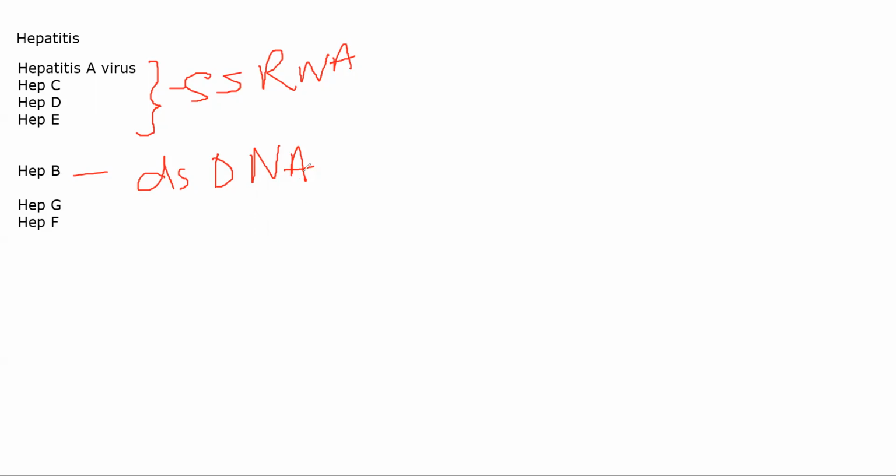Now, whenever you look at the structure of a hepatitis virus, generally speaking, at least some of them will have a capsule around them, and they will have an RNA present inside them.